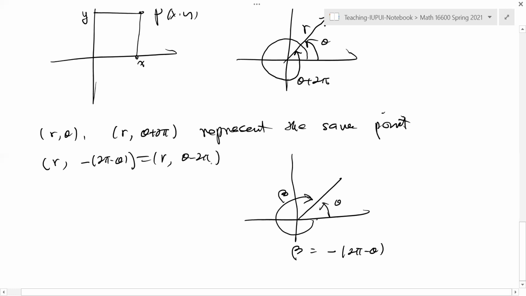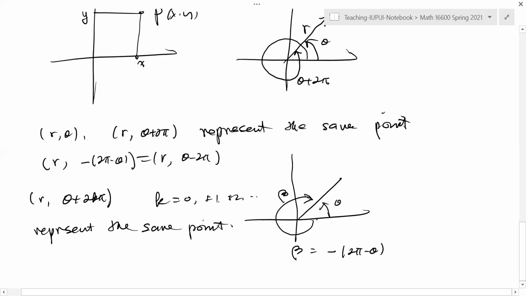So more generally, r and theta plus 2k pi, where k can be 0, plus or minus 1, plus or minus 2, they all represent the same point. And then later on, we can even allow r to be negative.